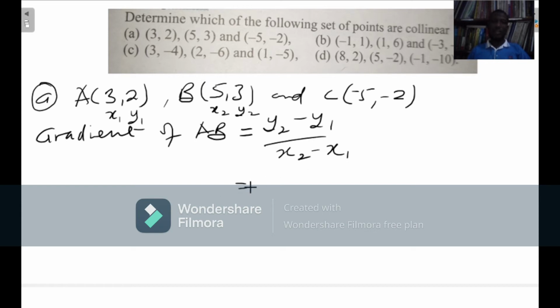And this is going to give us 3 minus 2 over 5 minus 3. And 3 minus 2 is 1, 5 minus 3 is 2. We now find the gradient of BC.